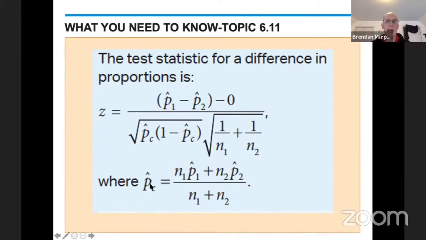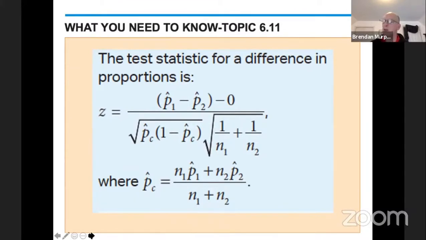I call it p hat combined. And I'll walk through the math of where this comes from and why it is different here with two samples. That's not the formula you used yesterday with Luke if he did a two sample confidence interval with proportions. So there is a subtle but important difference here, and I'll explain why we have a p hat combined.